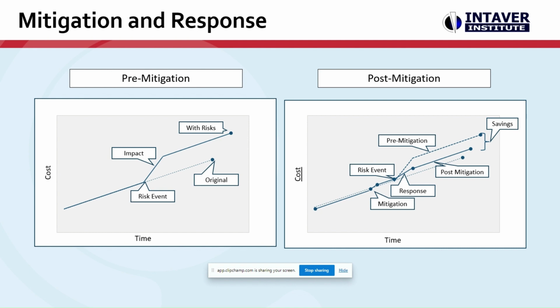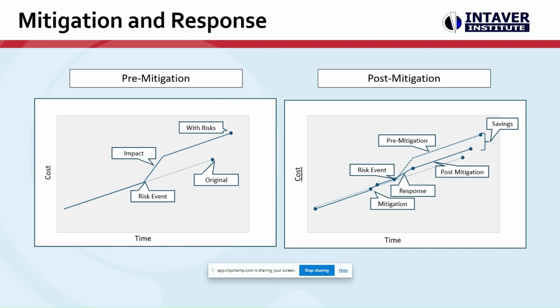Now, the post-mitigation chart is a little bit busier, but what we see is that we do some mitigation efforts before the risk occurs, and that slightly shifts the project plan up from the baseline, as you can see from the curve. When the risk event occurs, there's still an impact, but it's a lot less dramatic.